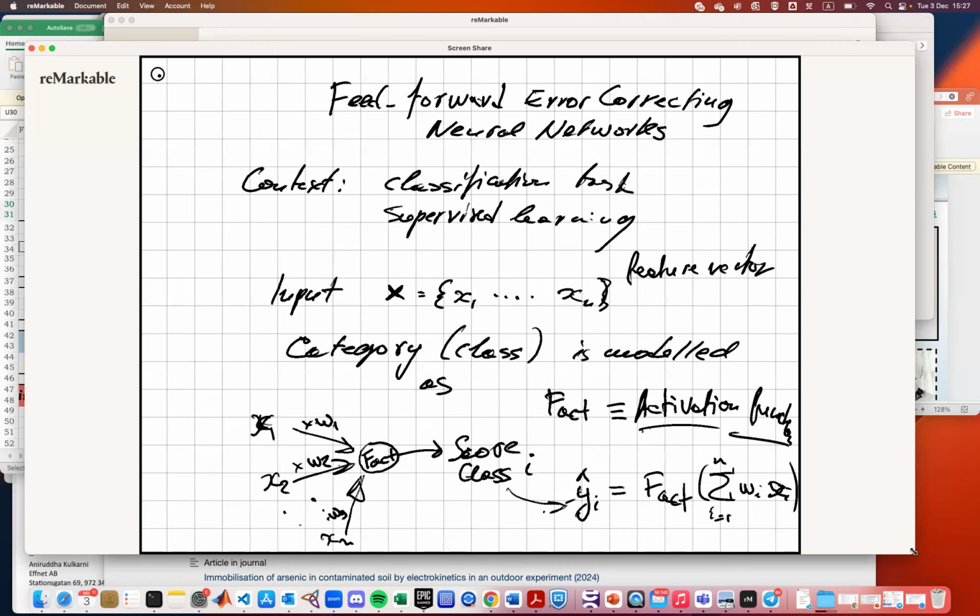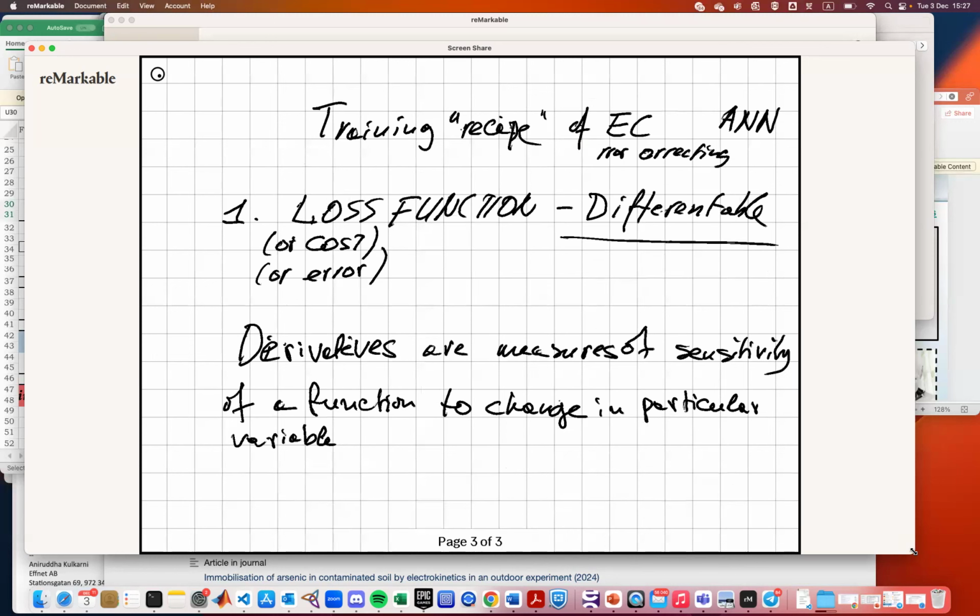So essentially, this loss function normally is denoted as J. It can be denoted in lots of different ways. In general form, it takes two parameters: the output scores and the desired outcome.